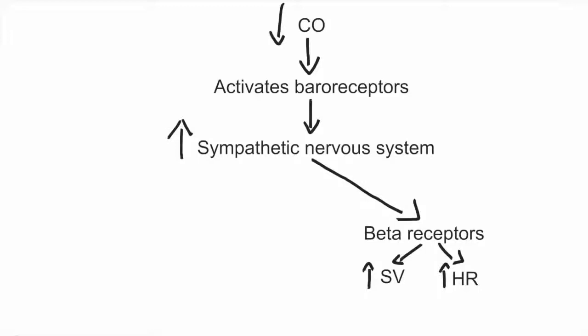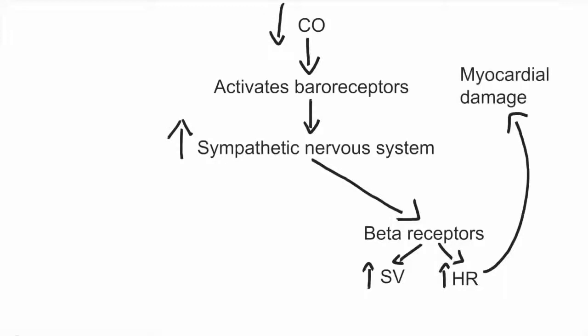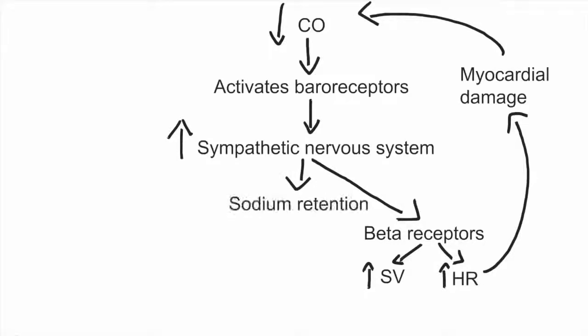However, in the pathologic state of congestive heart failure, further increases in heart rate and further work on the heart may cause further myocardial damage, which can therefore further exacerbate the problem of decreased cardiac output. The second thing that happens with the sympathetic nervous system is increased sodium retention, thereby increasing fluid retention and leading eventually to volume overload.